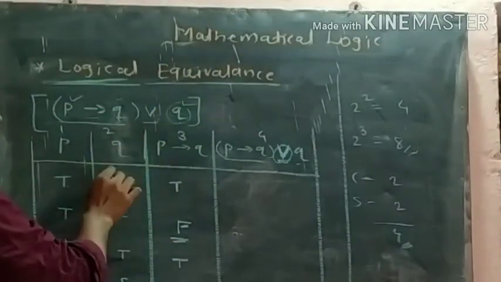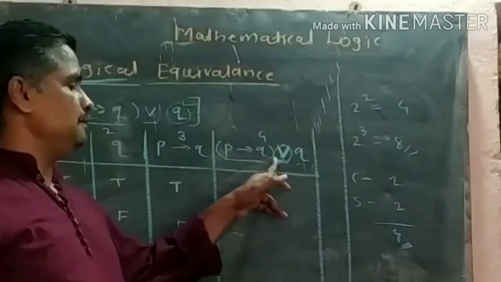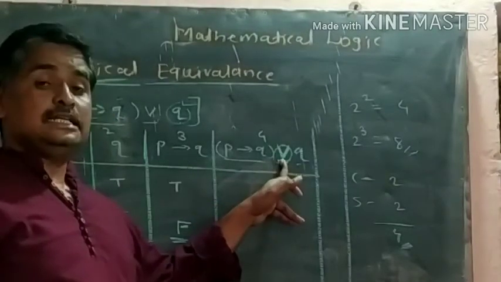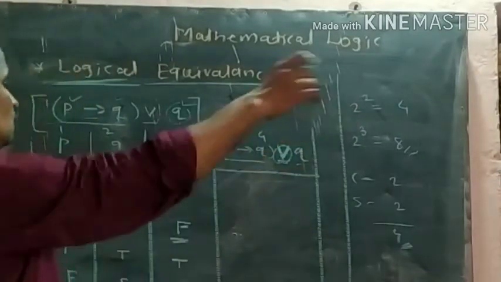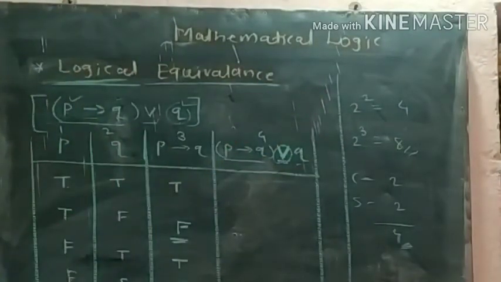If we observe this and take the disjunction as the operation on column number 3 and 2, we have the truth table of disjunction.